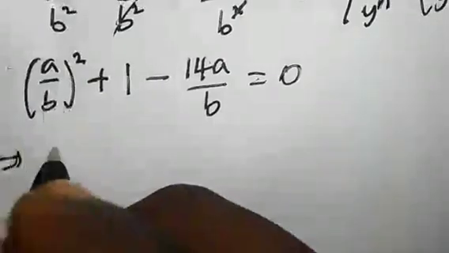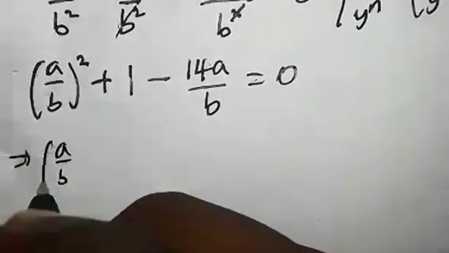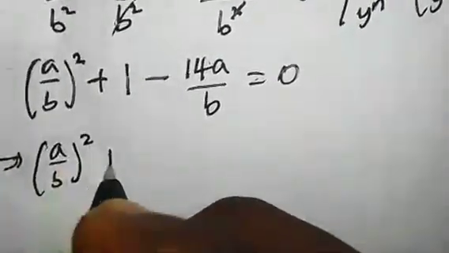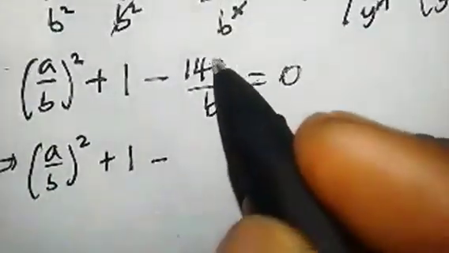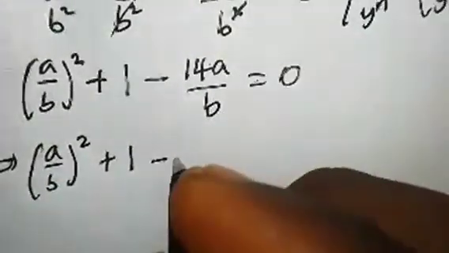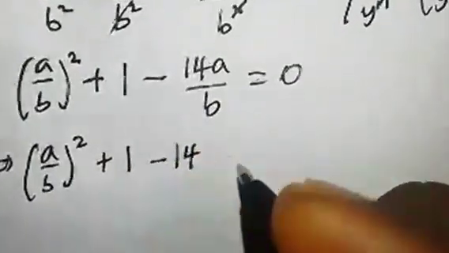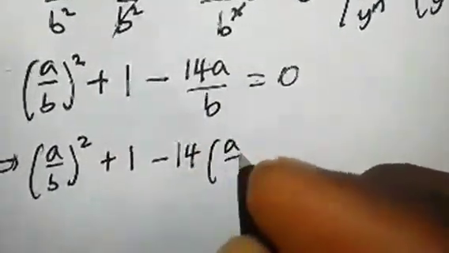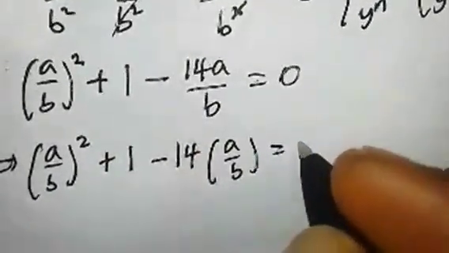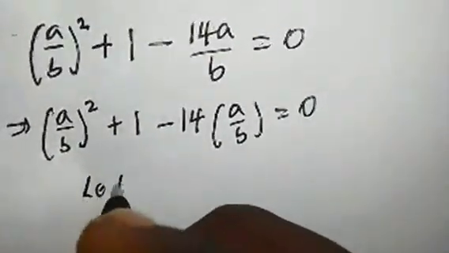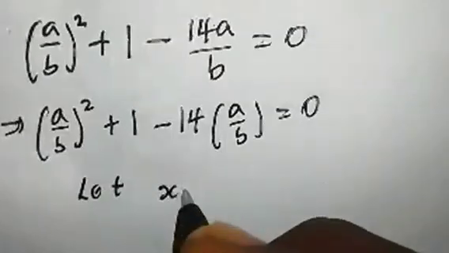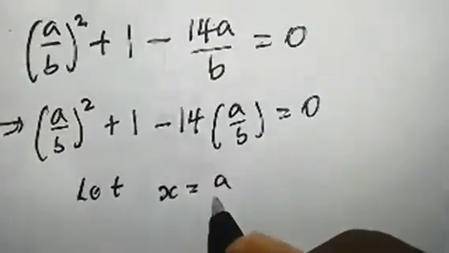This implies that a over b all squared plus 1 minus, I can rewrite this quotient as 14 times a over b equal to 0. Now, let x equal to a over b.